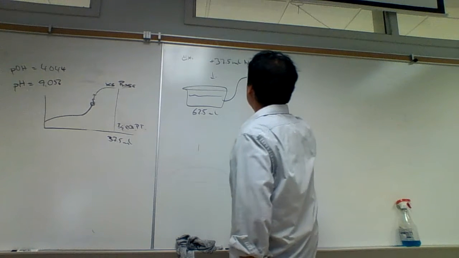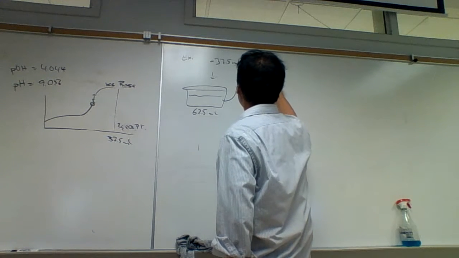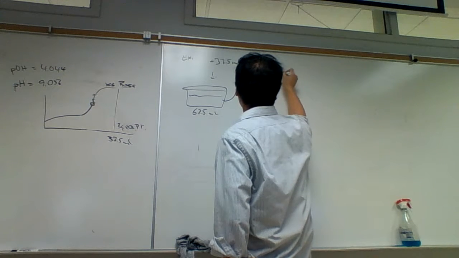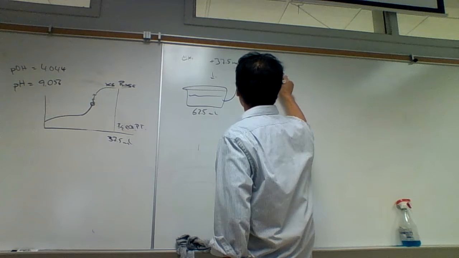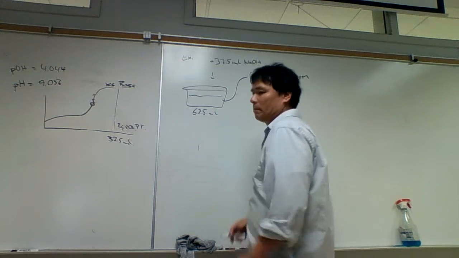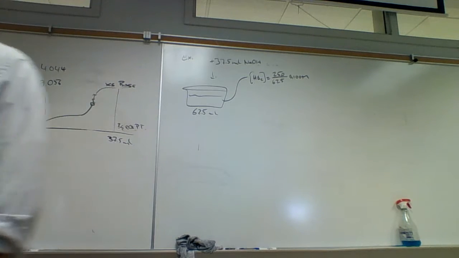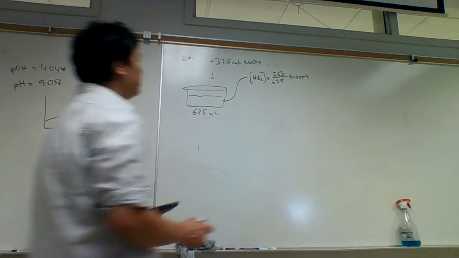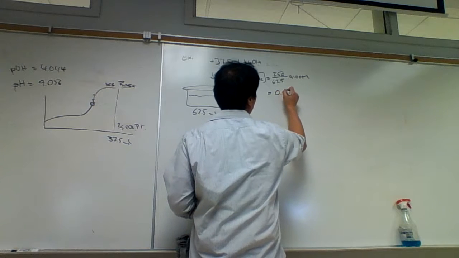So let's figure out the new acetic acid concentration. It's going to be a 25 to 62.5 dilution of 0.100 molar, and that gives me 0.0400 molar.